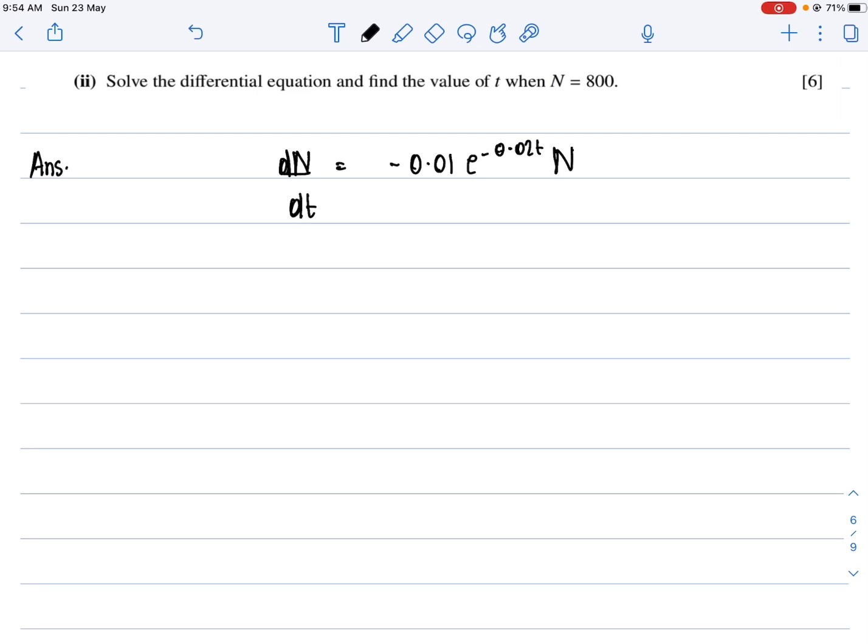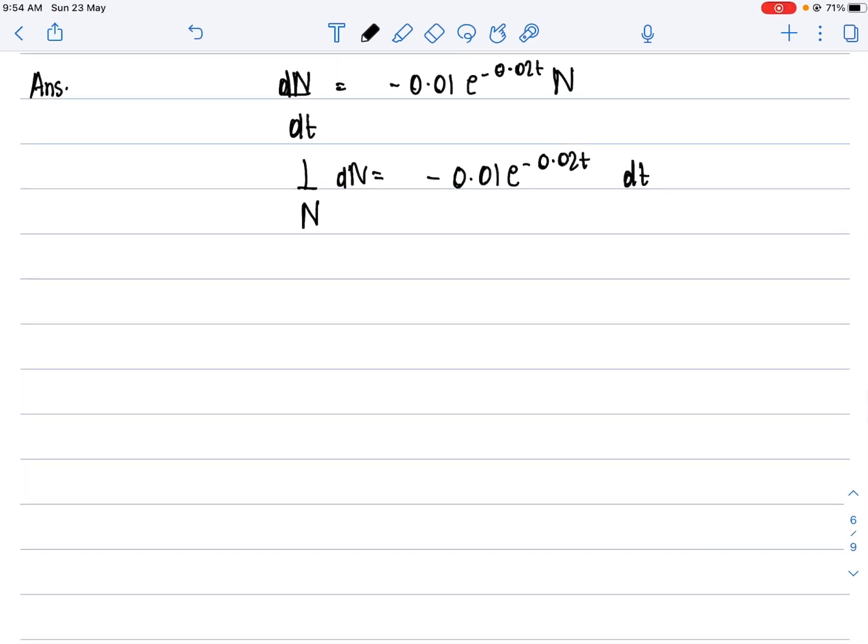Now I need to solve the differential equation and find the value of t when N is equal to 800. First step is the variable separable form, which means keeping the N together and the t together. So I can write 1 over N dN equals minus 0.01 e raised to minus 0.02t dt. Now I integrate both sides.